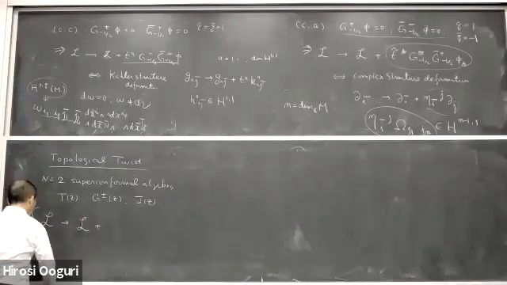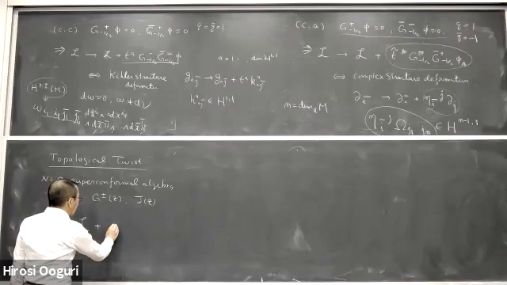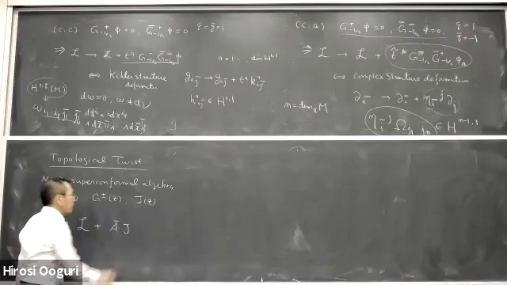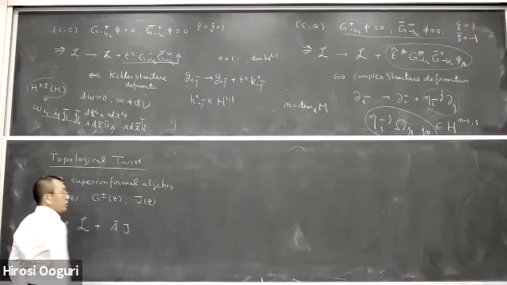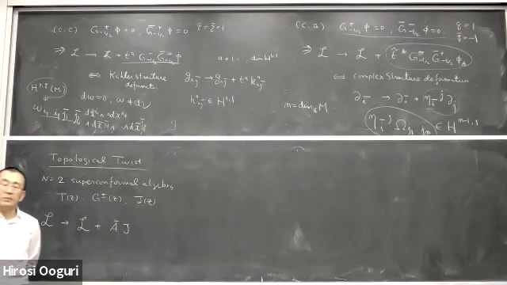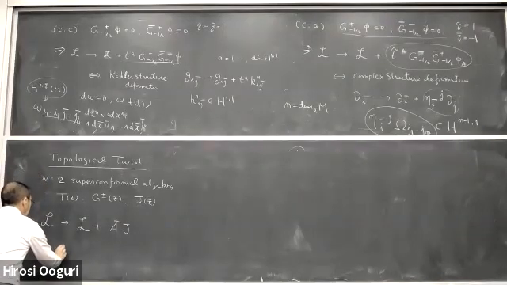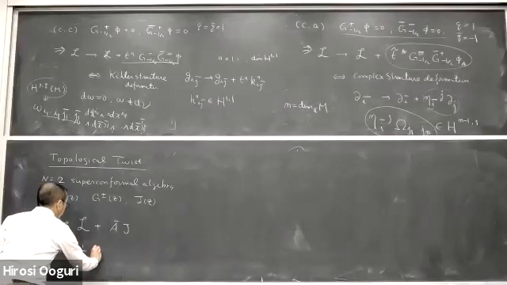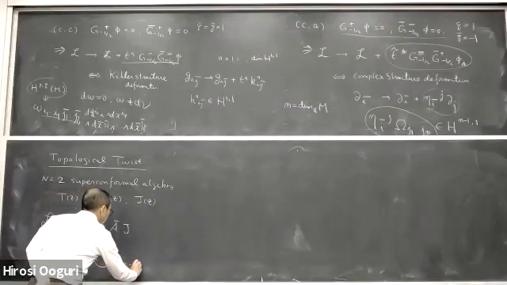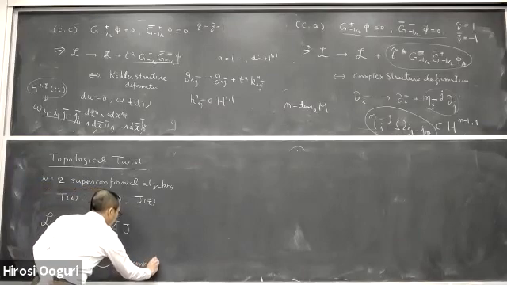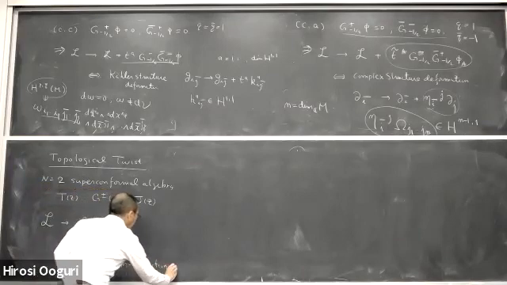The action is an integral of the Lagrangian density, but you deform the Lagrangian by adding some appropriate background field, a background gauge field coupled to this U(1) current. And this background gauge field is related to 1/2 of the spin connection on the worldsheet.